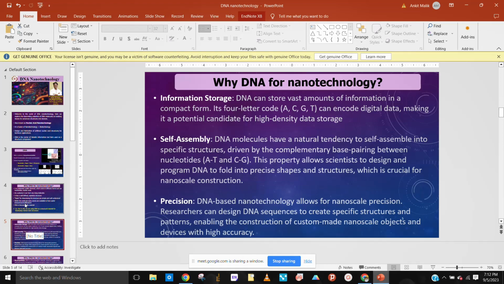This property allows scientists to design and program DNA to fold into precise shapes and structures, which is crucial for nanoscale construction. Precision in DNA technology allows nanoscale precision. Researchers can design DNA sequences to create specific structures and patterns, enabling the construction of custom-made nanoscale objects and devices with high accuracy.